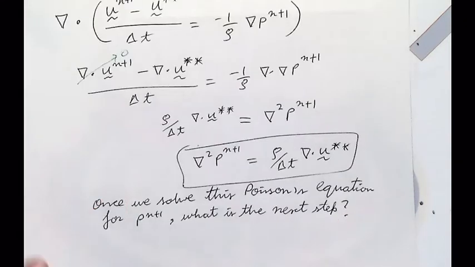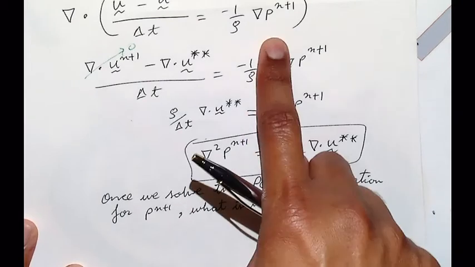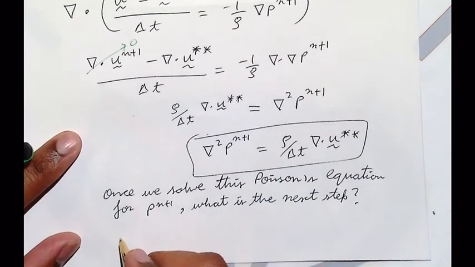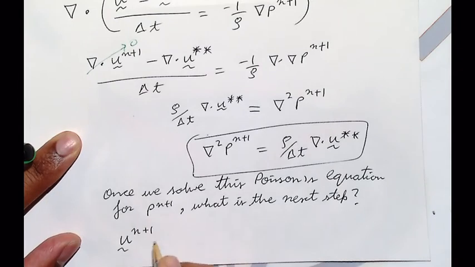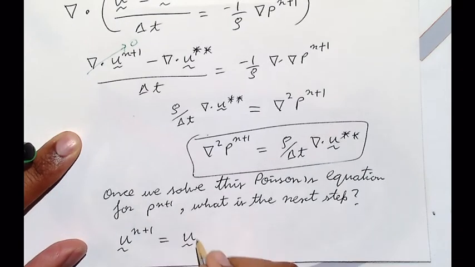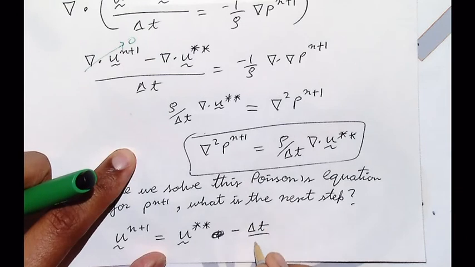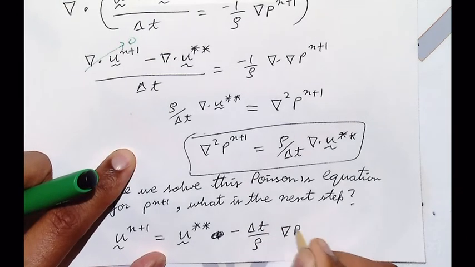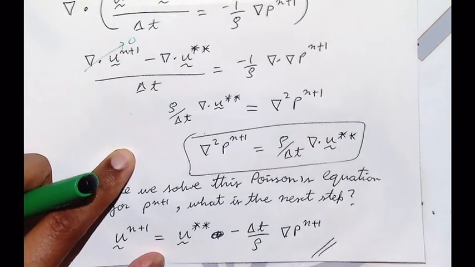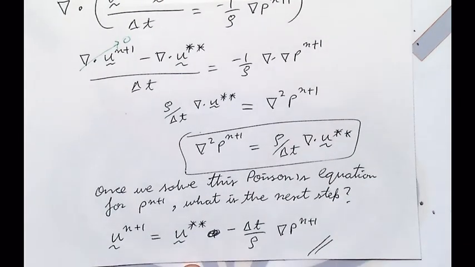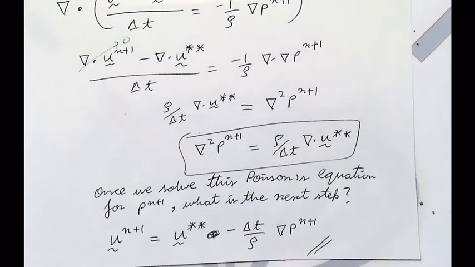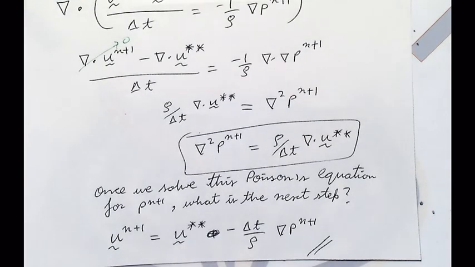Find the pressure, take the derivative, and plug it into the equation. So u^{n+1} is basically u^{**} minus Δt/ρ ∇p^{n+1}. Everything is known now: u star star is known, p^{n+1} is known, you can compute the derivative. This is your final solution. That's how you solve incompressible Navier-Stokes equations.